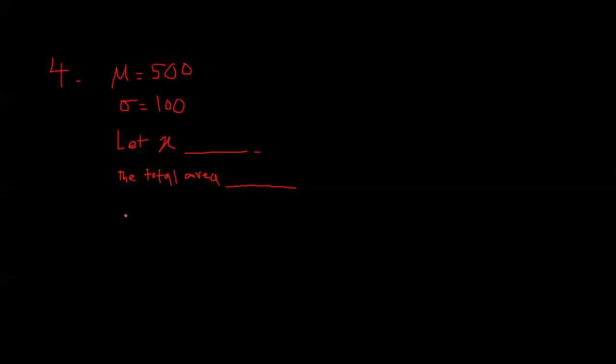All right, the question also said that Tom takes the test and scores 585. So X is equal to 585, where we get the value of X that is equal to 585.